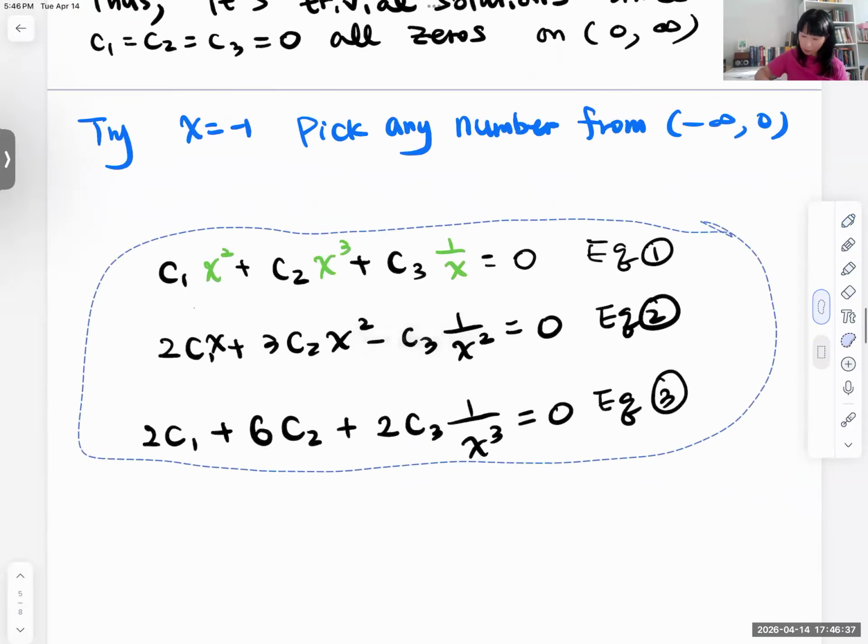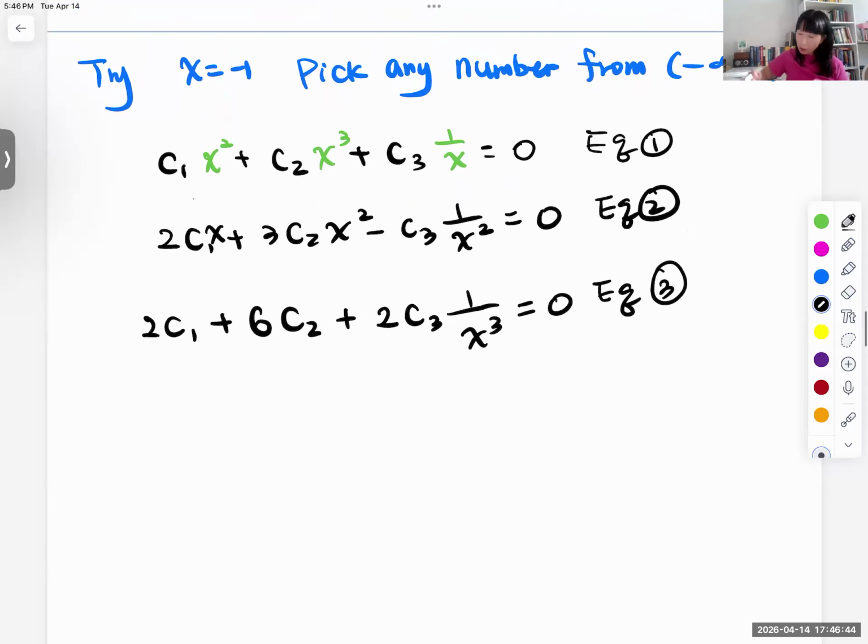Okay, so what do we have? x = -1, right? So the first term is positive, so c sub 1, negative c sub 2, and negative c sub 3, which is equal to 0.